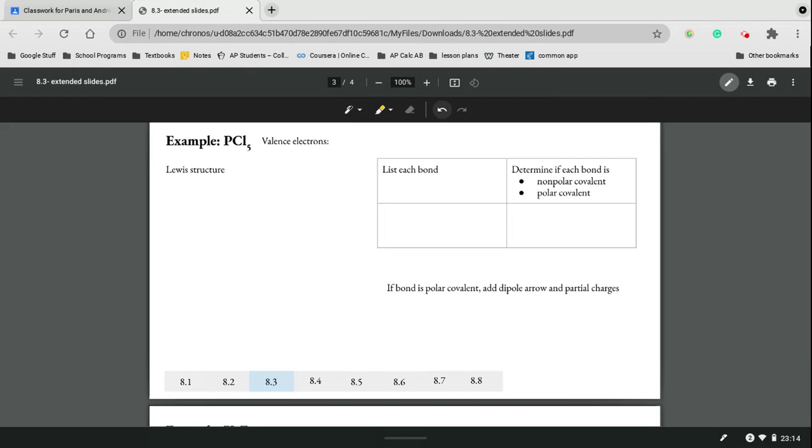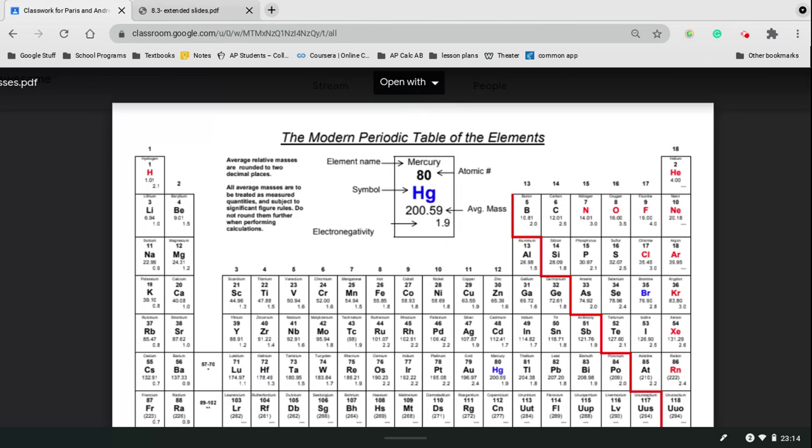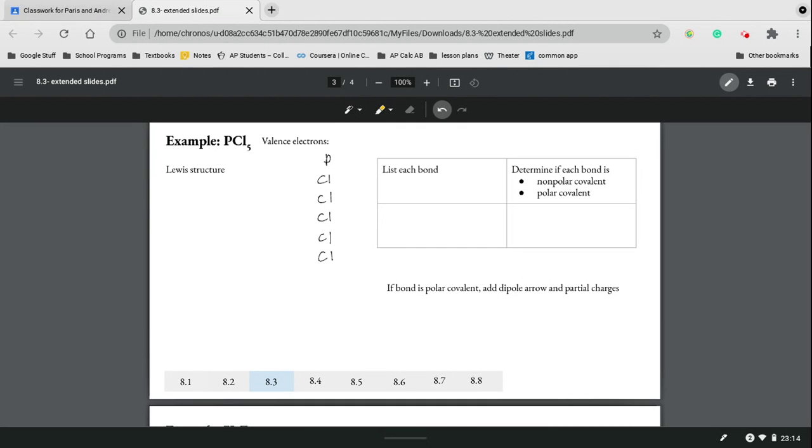So with PCl5, we have phosphorus and then chlorine 5 times. So again, with those tricks, phosphorus is in group 15, therefore it has 5 valence electrons, and chlorine has 7, with it being in group 17.